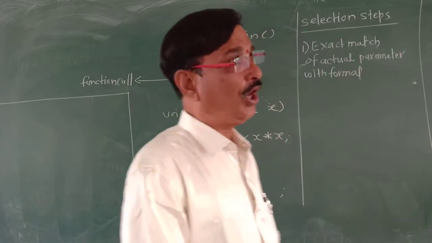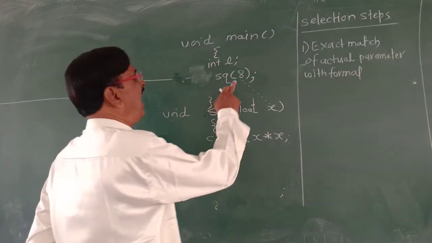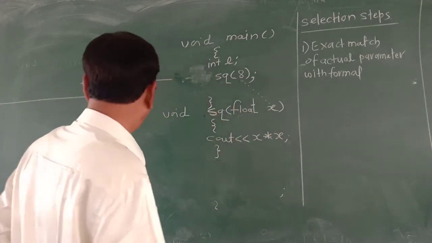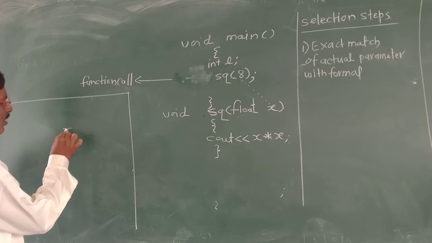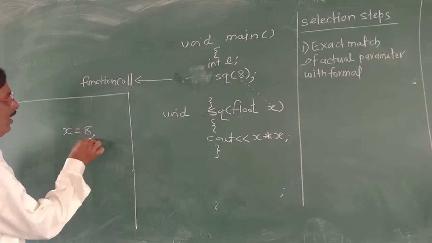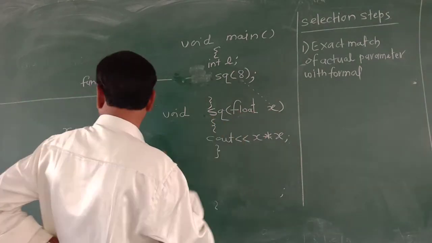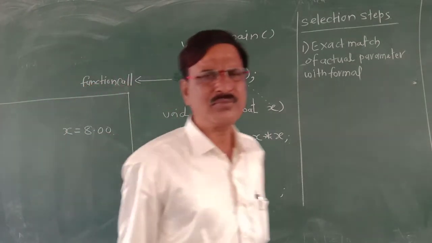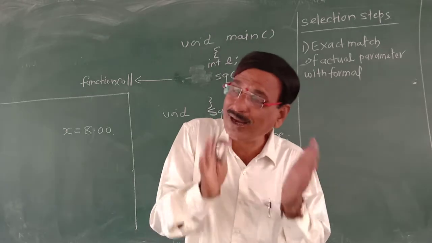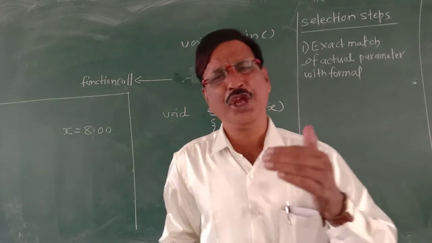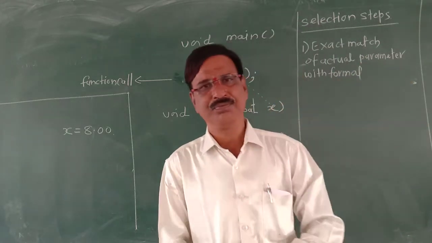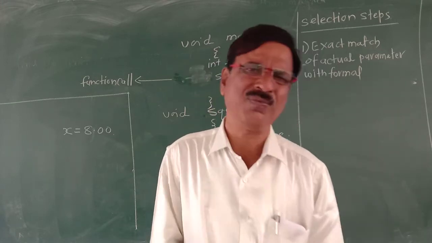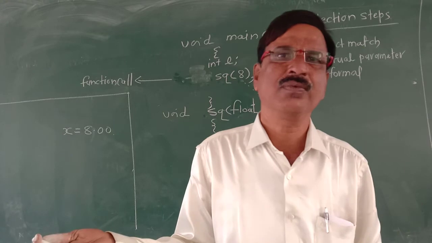But it may be possible that actual parameter 8 is given to x, where x is a float. x is equal to 8, where x is a float. So it will be treated as 8.00. It means there is no difference whether you say 8 or 8.00.